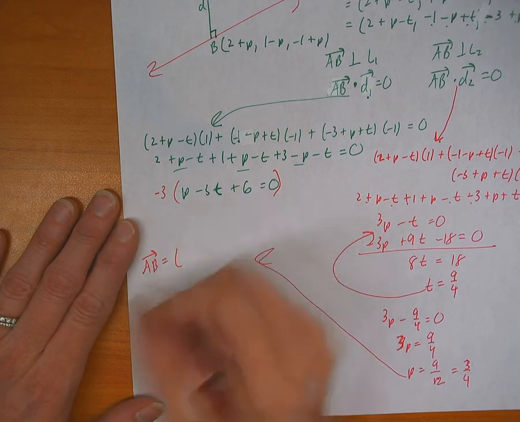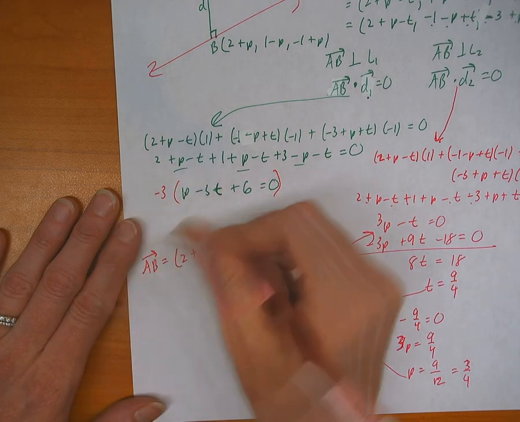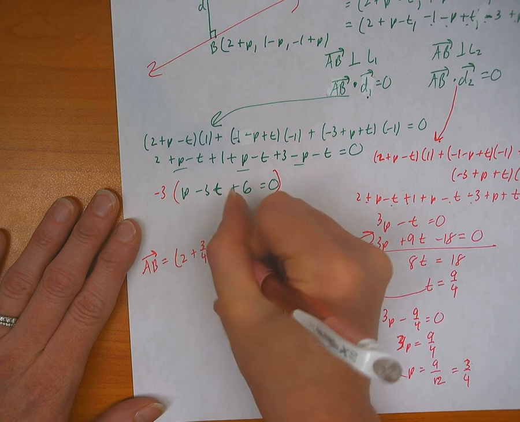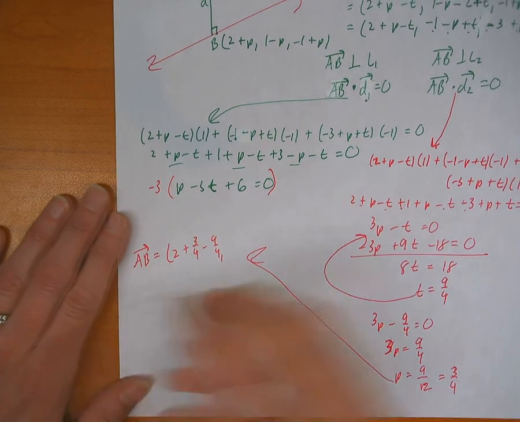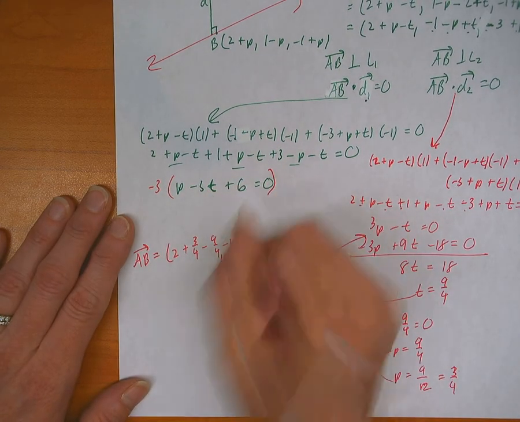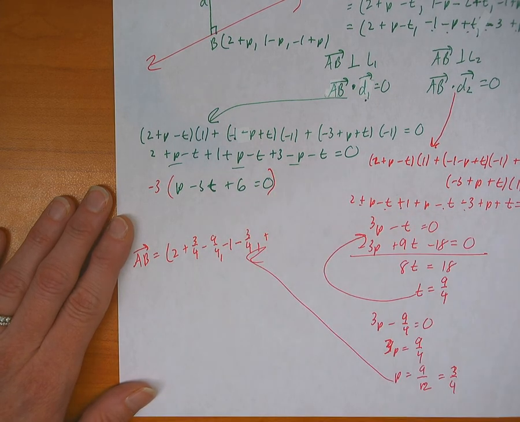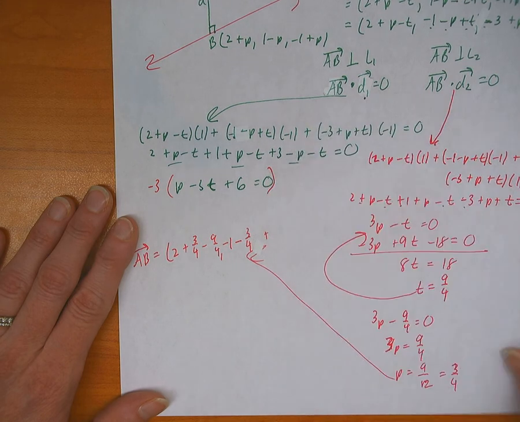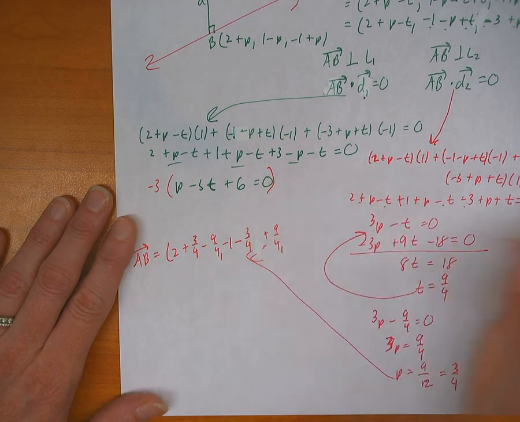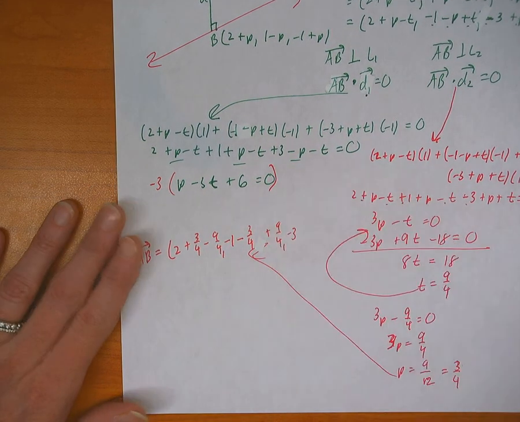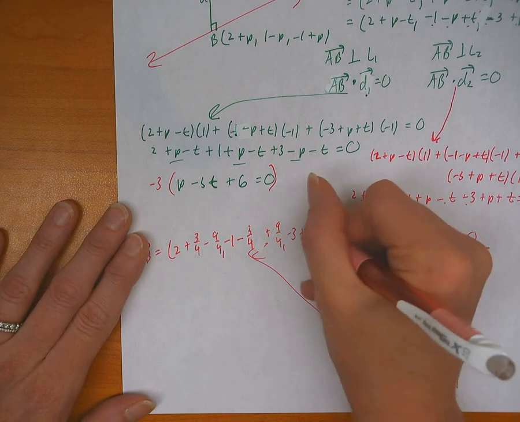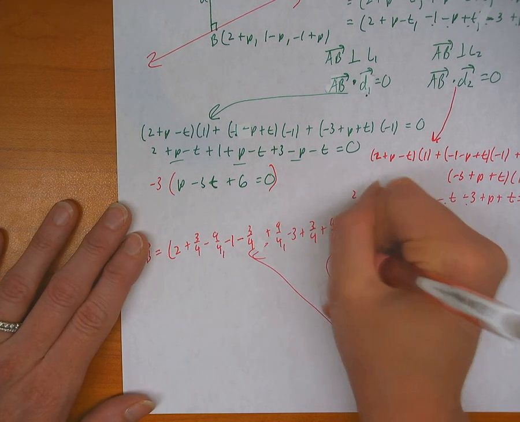So we had 2 plus 3/4 minus 9/4 for our x component, negative 1 minus 3/4 plus 9/4. I didn't mean to put a comma there. And negative 3 plus 3/4 plus 9/4. Order doesn't matter in that case.